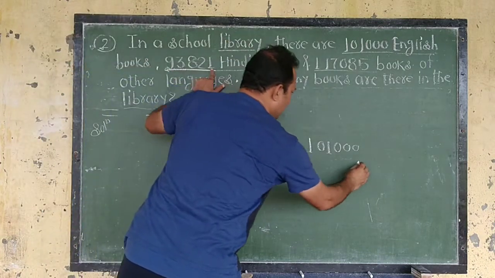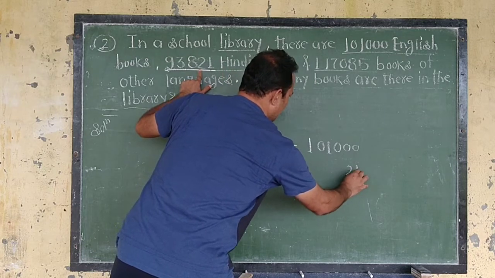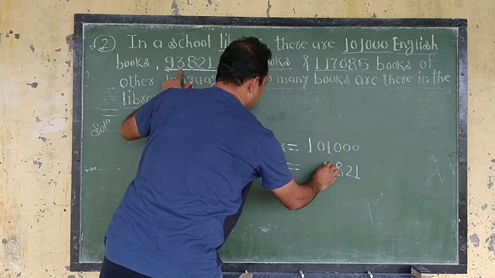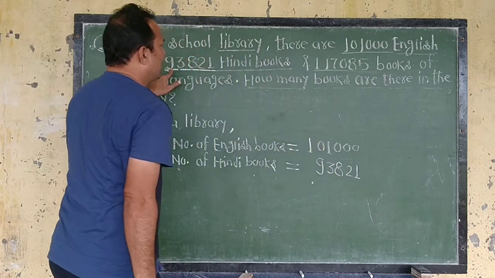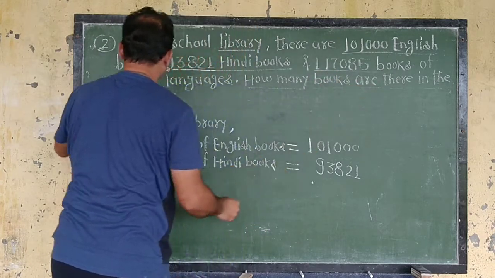Okay, then write this one exactly below this 1, then exactly below 10 2, then 8, then 3, then 9. And again, 1,17,085 books of other languages.